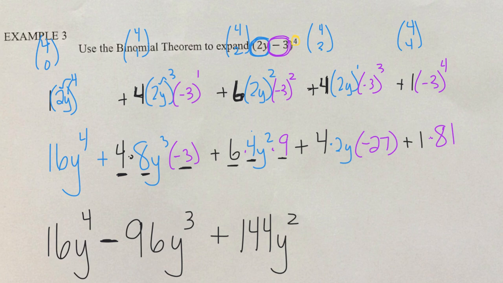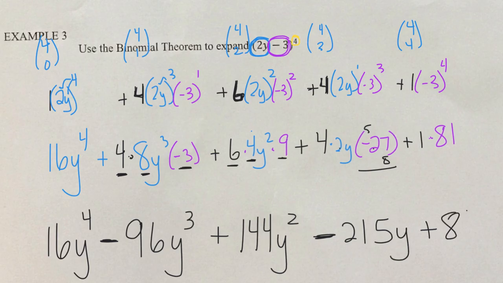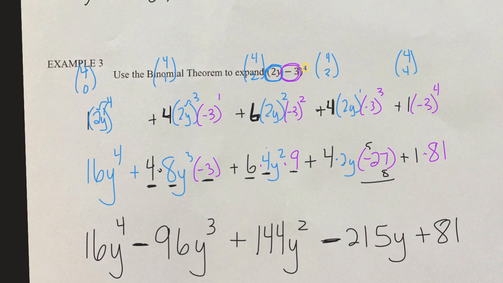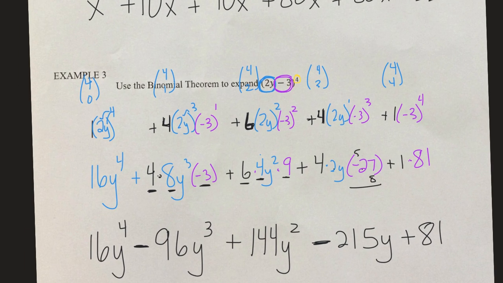And then our next one, this is going to be a negative because I have a positive 4 times 2 is 8. 8 times negative 27, 216y plus 81. Okay, so I think the hardest part might be multiplying all of these numbers together if you don't have a calculator handy. Okay, but this is how we use our binomial theorem to expand.